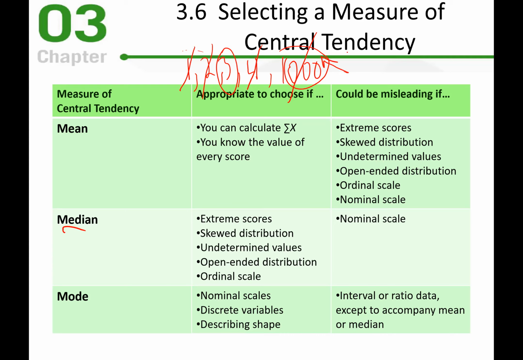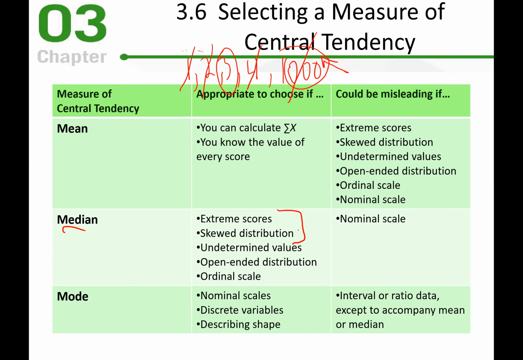So it's good for when you have extreme scores. It's also good for the same reasons when you have a skewed distribution, because the skewness is due to some scores that are very different from the bulk of scores. It's also good when you have undetermined values.